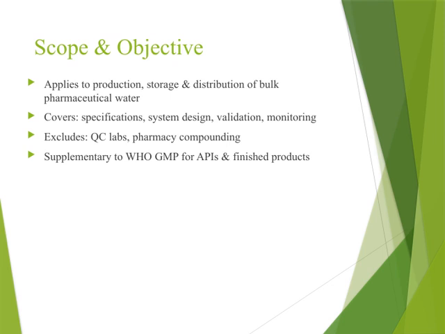This means it complements existing standards, providing specific guidance for water management in the pharmaceutical industry. Overall, the main goal here is to ensure that the water used in manufacturing is of consistent quality, which directly impacts the safety and efficacy of pharmaceutical products. This plays a vital role in the broader context of maintaining high standards throughout the manufacturing process.